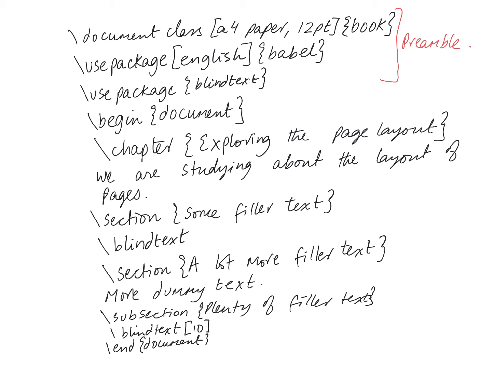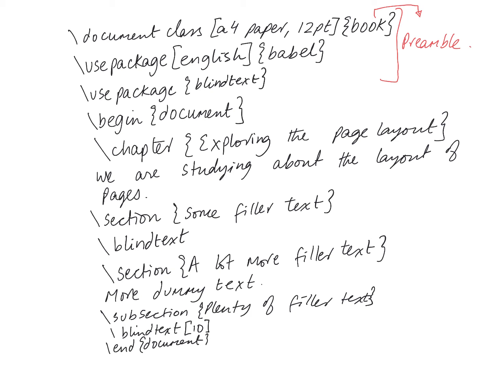In the first section, we used a book document class. Now, what the book document class does is it tries to create a book format. So books are commonly two-sided and consist of chapters which usually start at right-hand pages.